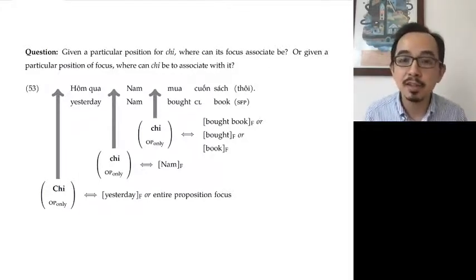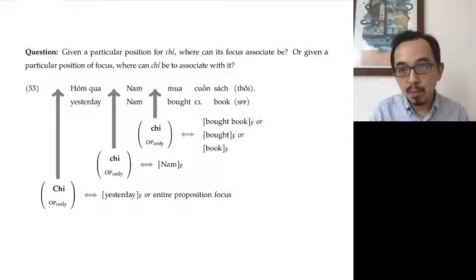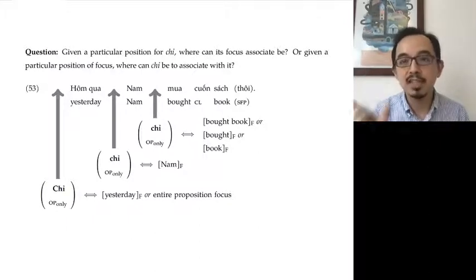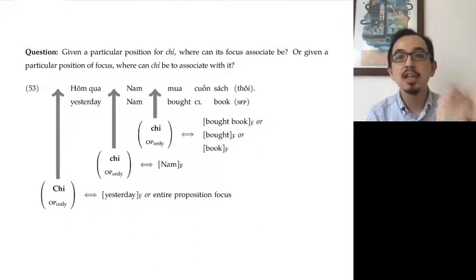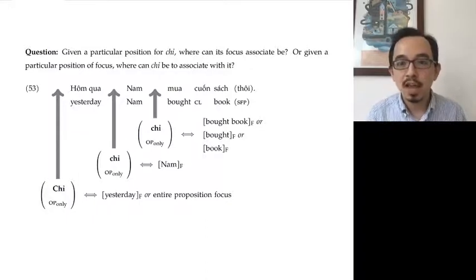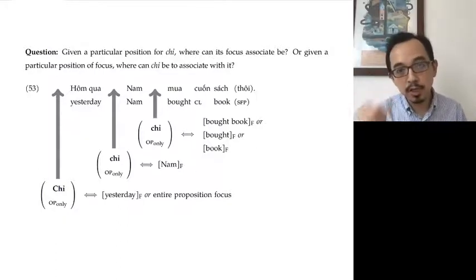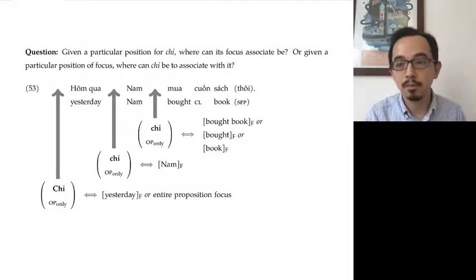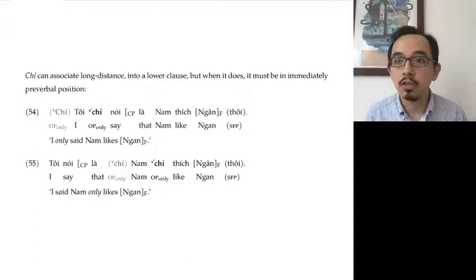Another way of playing this game is to say, let's try putting focus on a particular place and seeing where we can put chi to associate with that focus. And we see in this example in 53, it's one-to-one. So if you pick focus on a particular place, there is only one place that you can put chi to associate with it. And that's what's different when we introduce an embedded clause.